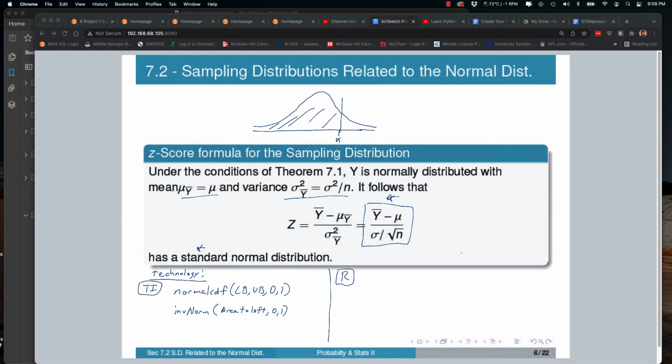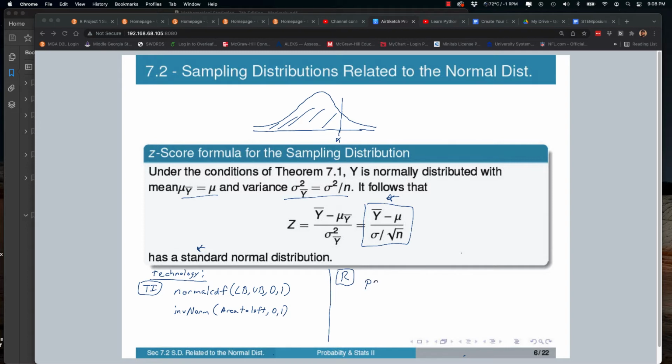They do have chi-square and F probability distributions, which we'll go over as well, but they only do the probabilities. They don't do the inverse and give you the actual quantile or percentile that you might be interested in finding. So R will do that for us, and I'll show you how to do that in R. So I will stick to the R method.